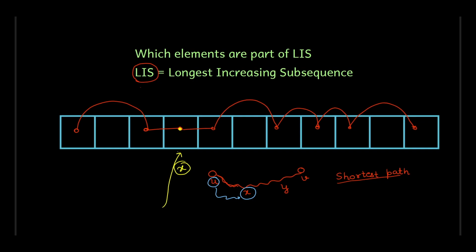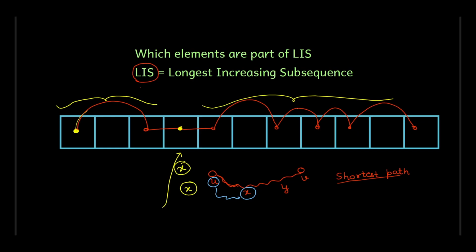Now, if you select this element, then it partitions the array into two halves, the left half and the right half. On the left half, this subsequence tries to maximize the number of elements that you can take until you reach this element X. So X is the largest element in the subsequence on the left.